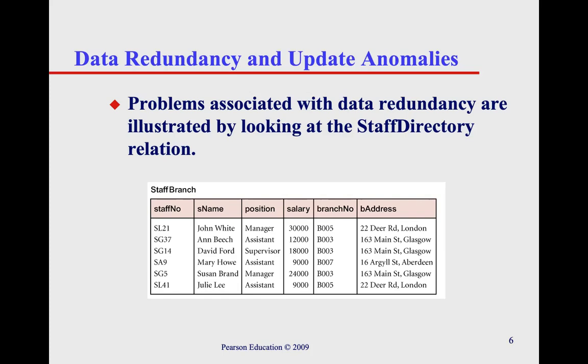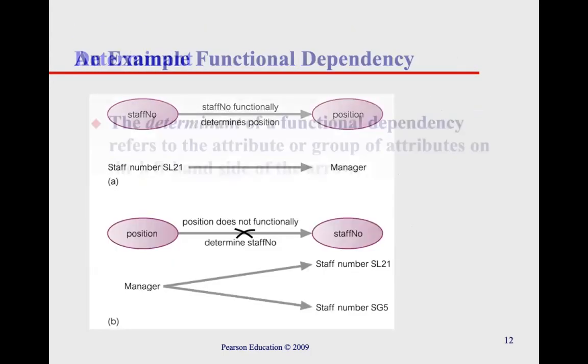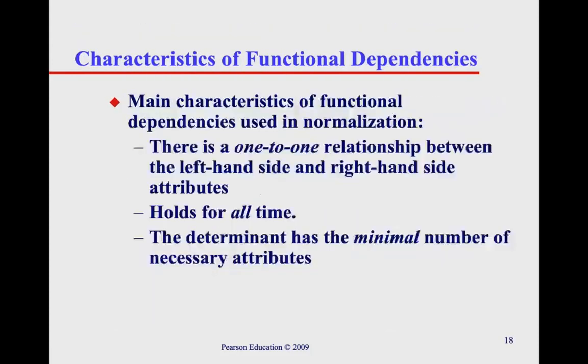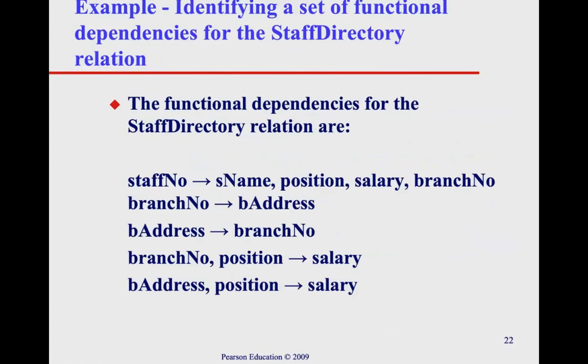Okay. So let me go through now what those functional dependencies are. Getting you to think about it was the main point of the exercise before I show them to you. So the functional dependencies are these. The staff number determines the person's name, their position, their salary, and the branch at which they work. The branch number determines the branch address.